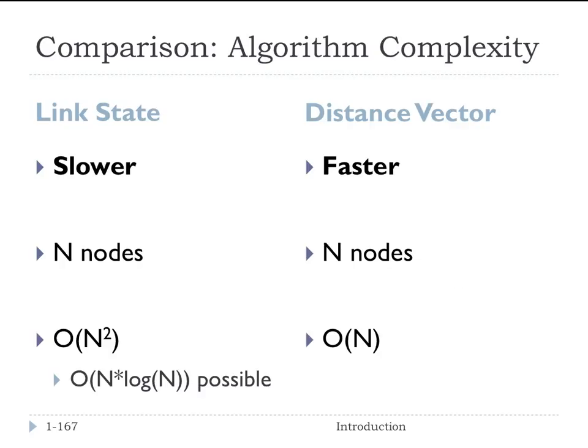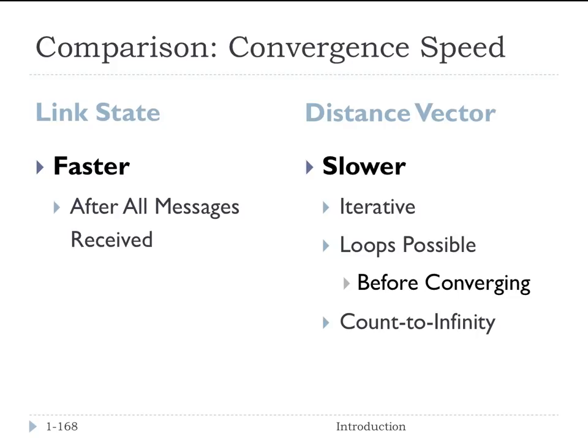In terms of complexity, link state is n squared or possibly n log n, whereas distance vector would be faster because you just have to compare something on the order of the number of nodes, which is a whole distance vector. Convergence speed, link state is faster, distance vector is slower because of that iterative property. Loops are possible, and you got that count to infinity problem.